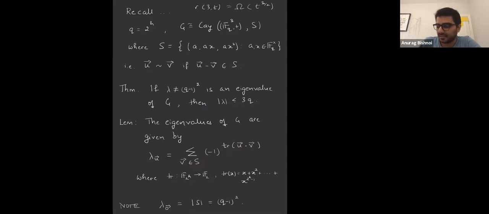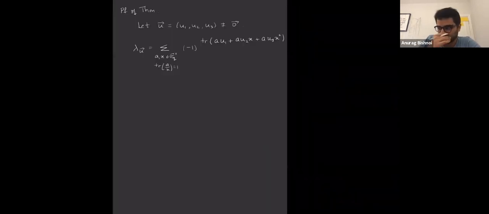So if you take any non-zero vector u, so this is where we are, start with any non-zero vector, and we want to show that this eigenvalue given by the formula has absolute value linear in q. That's what we want to show. Okay, so let's proceed with that. I have written it out in an expanded form.